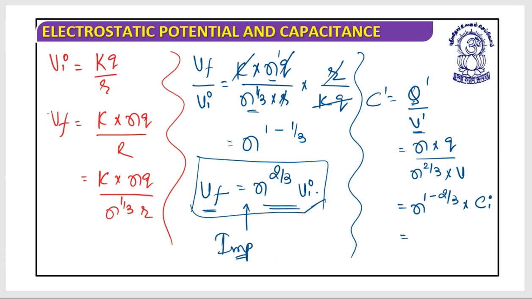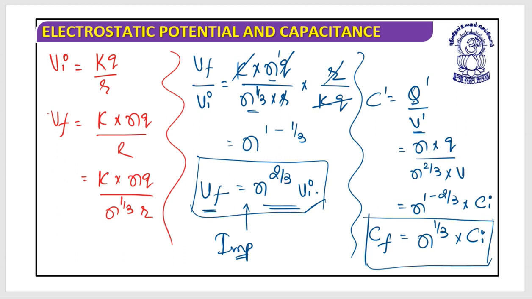So this is 3 minus 2, it's n to the power 1/3 into C initial. This is C final. I hope this is clear. Yes, this final capacitance would be equal to n to the power 1/3 into C initial.